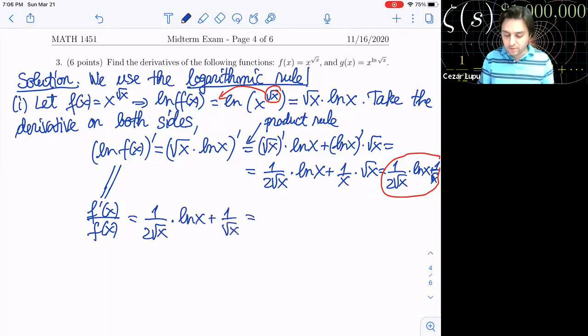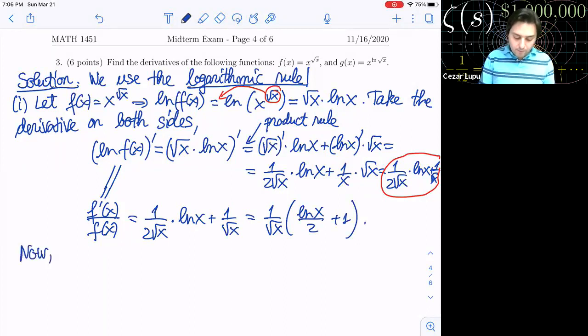Or if you want to factor, this would be 1 over square root of x times ln of x over 2 plus 1. All right, and now clearly f prime of x is nothing else than f of x times this, times 1 over square root of x times ln of x over 2 plus 1.